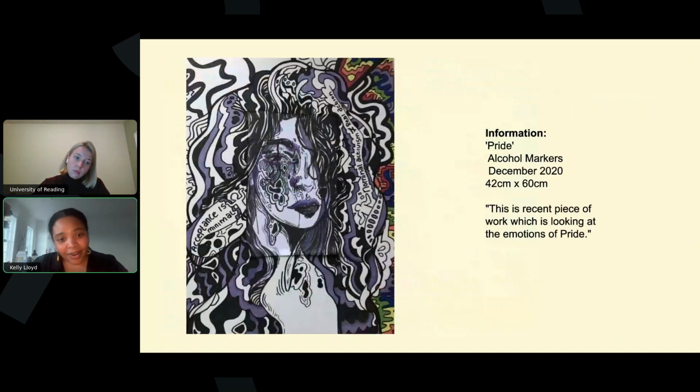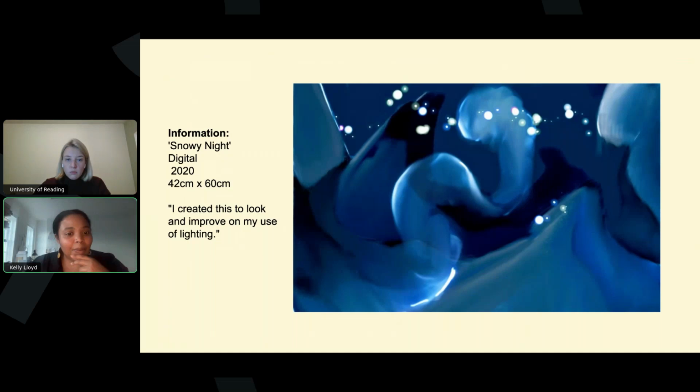Using pen now, still playing around with portraiture and lines and faces, but moving between drawing and printmaking, demonstrating different skills, different interests. A digital image, Isabel writes, I created this to look at and improve on my use of lighting.